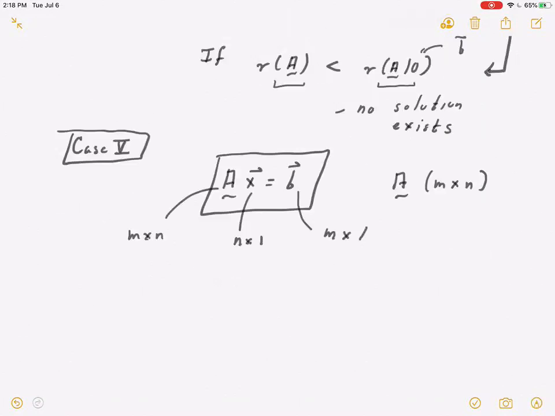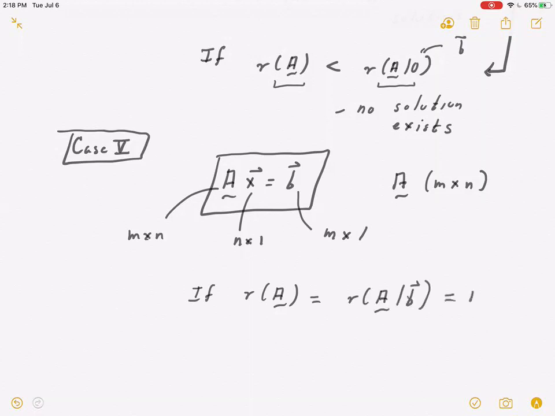And again, whether or not you have a unique solution for the problem, whether you have an infinite number of solutions to the problem, or whether you have no solution to the problem, really depends upon the relationship between the rank of the coefficient matrix and the rank of the augmented matrix.